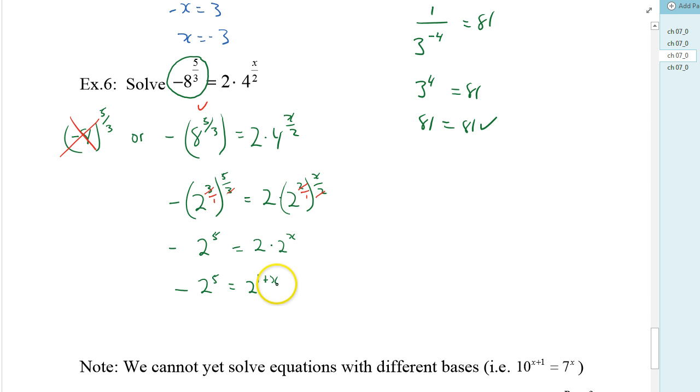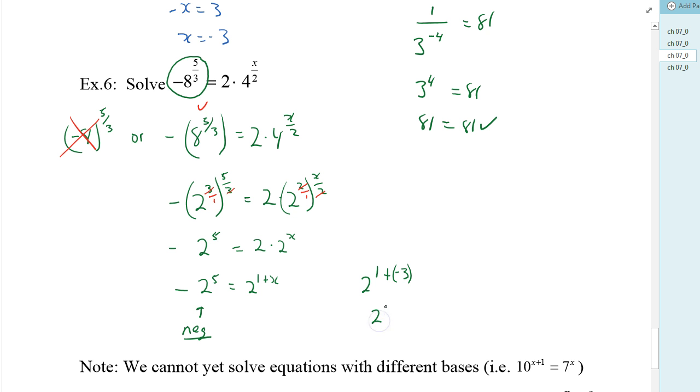Now, I have to stop at this point because this can be confusing. Is there any way that I could put an x value to turn this into a negative value? On the left, 2 to the 5th has a negative in front of it, so this side is negative. And on this side over here, there is no way that I can make it a negative value. Let's say I make x a negative value, for example 1 plus negative 3. I'm going to substitute x as negative 3 just to test things out.